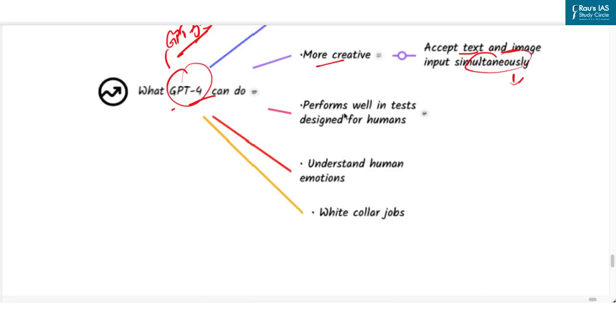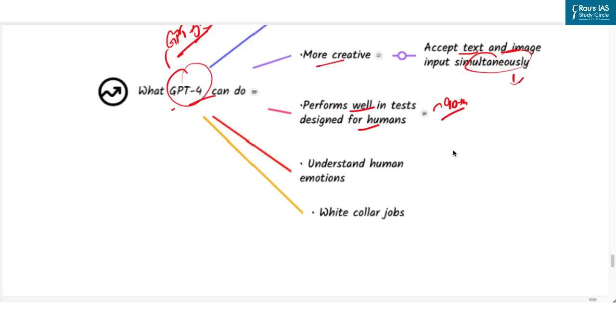Next, it performs well in tests designed for humans. For instance, in a simulated bar examination, it scored in the 90th percentile, whereas its predecessor, that is GPT-3.5, scored in the bottom 10%. GPT-4 also sailed through advanced courses like environmental science, history, biology, etc. However, GPT-4 failed to do well in advanced English language and literature, scoring 40% in both.